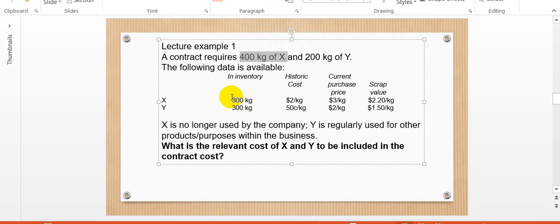So meaning we have to buy in 100 kgs. So the relevant cost will be the 300 kgs times the scrap value of $2.20 per kg. Then for the 100 kgs shortfall, the relevant cost will be the $3 since it has to be purchased.